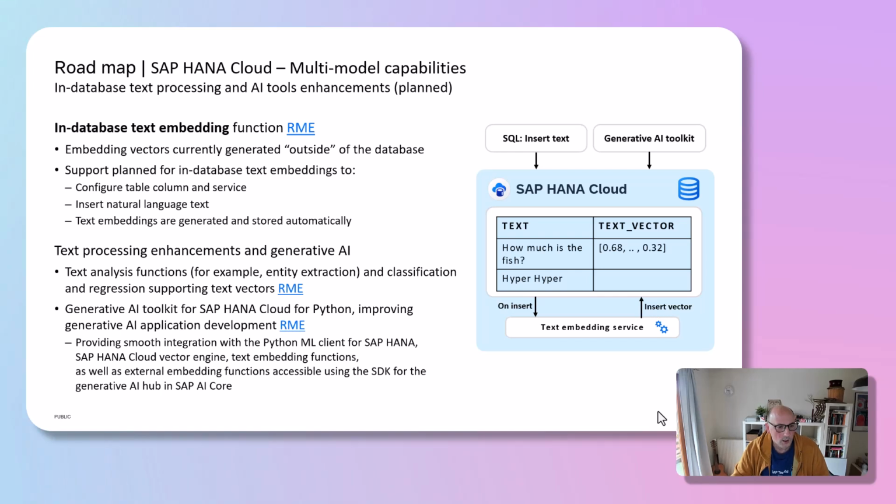Then what we have seen in the keynote demo and what I've talked about is how can we use generative AI to enable the use of our Python machine learning client and the HANA AI functions with this new generative AI toolkit.